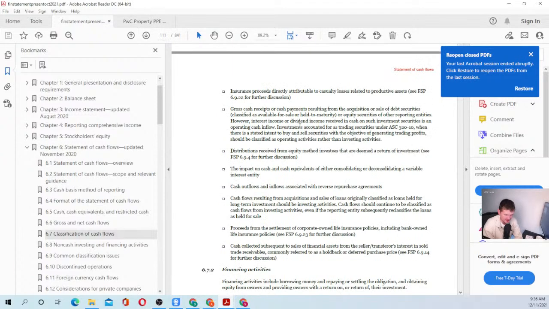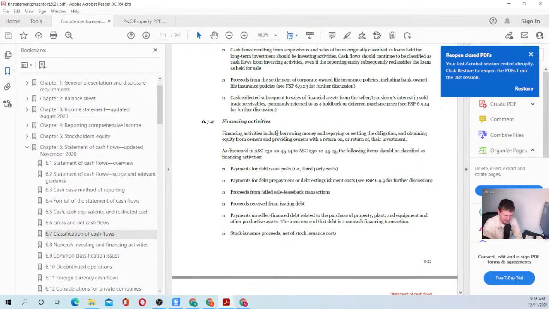So that's investing activity. Financing activity includes borrowing money and repaying or settling the obligation and obtaining equity from owners and providing owners with a return on or return of their investments.